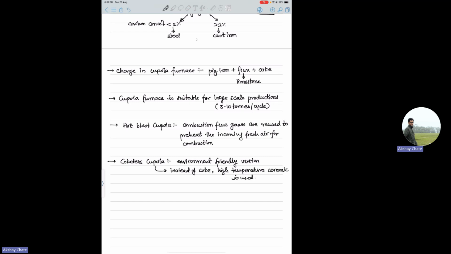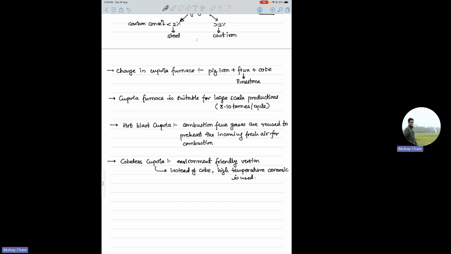So you try to reduce the amount of coke. Sometimes you directly eliminate it also. But since this is the process of making iron into cast iron, you have to provide carbon. If it is coming from some other fuel which is burning, that is also fine. But carbon has to be there. Otherwise, it will not make cast iron.